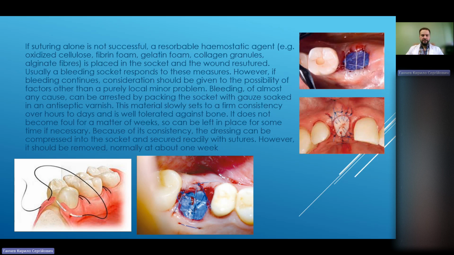If suturing alone is not successful, use a suitable hemostatic agent, for example, oxidized cellulose, fibrin foam, gelatin foam, collagen granules, and alginate fibers. The agent is placed in the socket and the wound resutured.